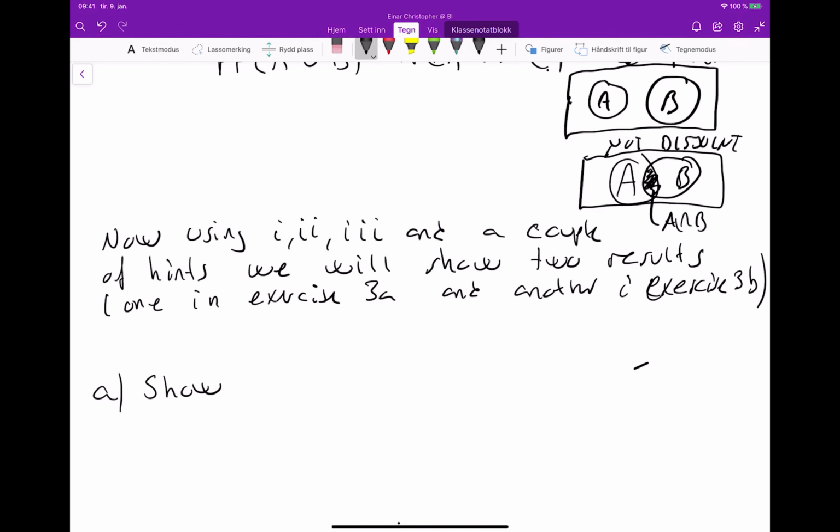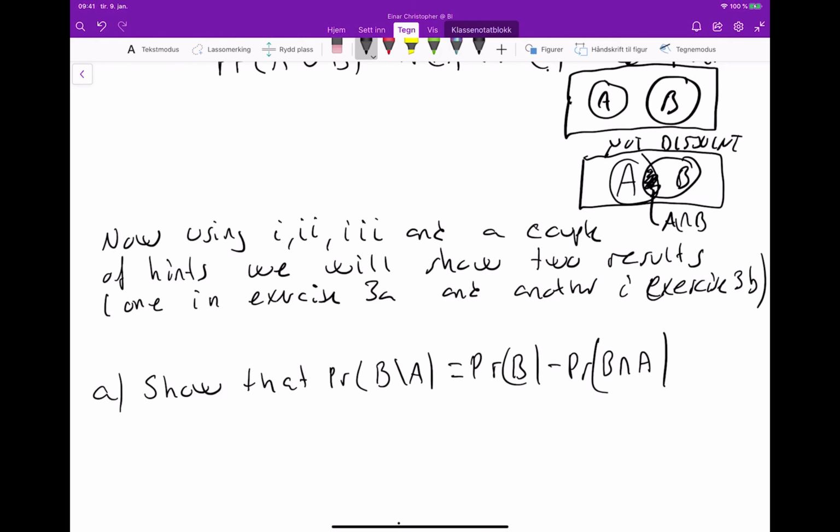What we are going to do, show that the probability of B minus A is equal probability of B minus the probability of B and A. Okay, this can be easily visualized just looking at this draw actually, but now we are going to do this mathematically.